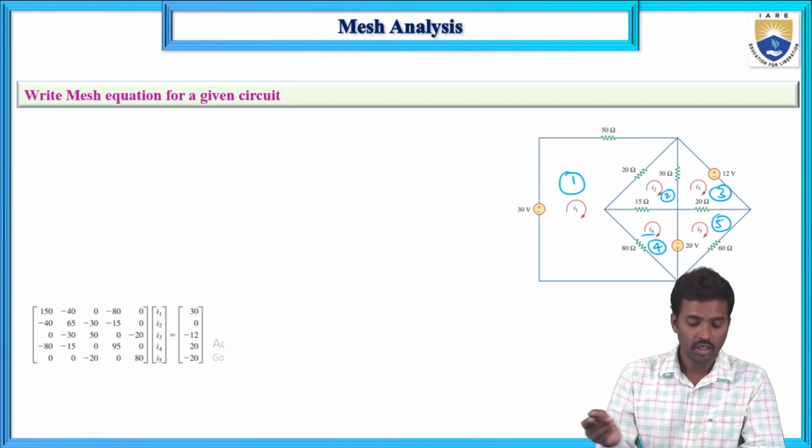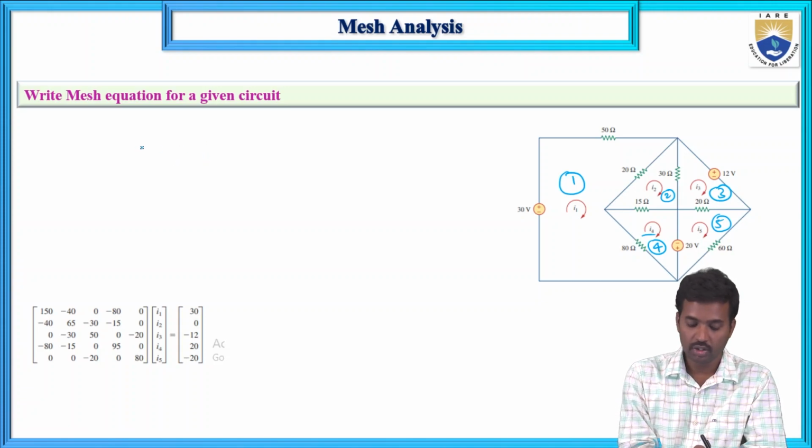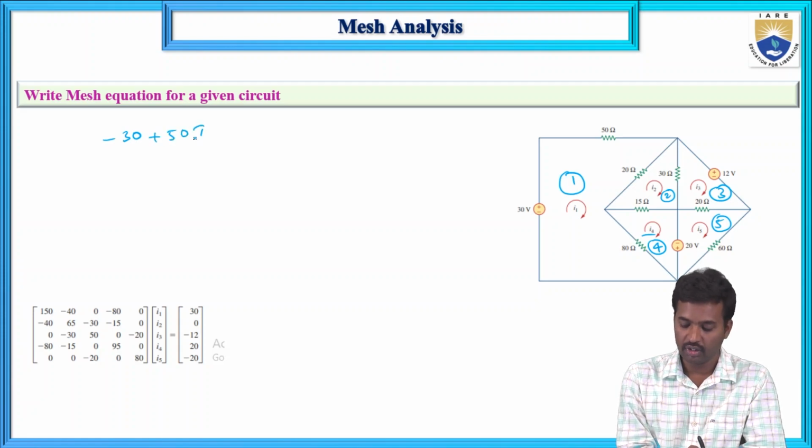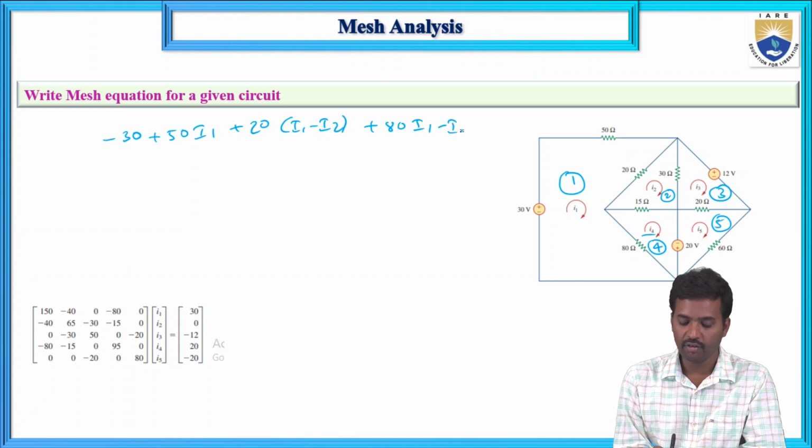So first, in each mesh, here minus 30 plus 50 I1 plus 20 (I1 minus I2) plus 80 (I1 minus I4) equals 0. This is the mesh equation, equation number 1.